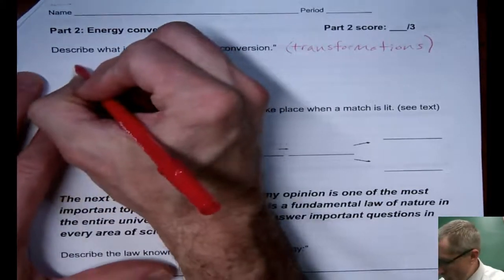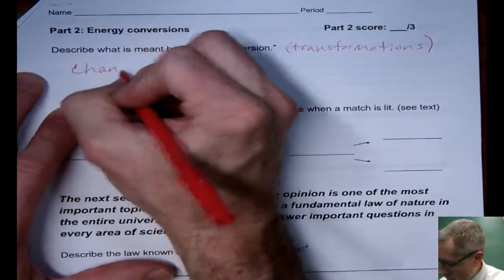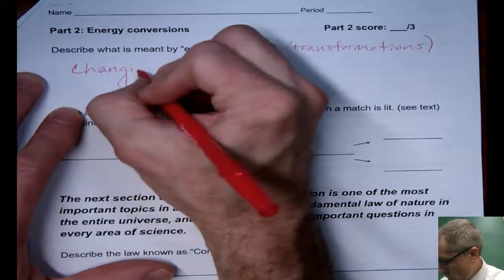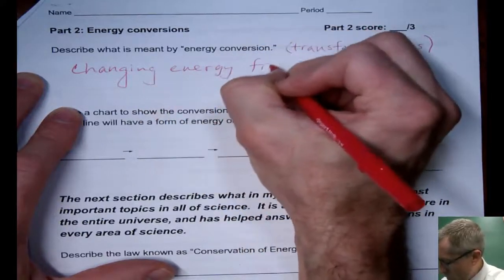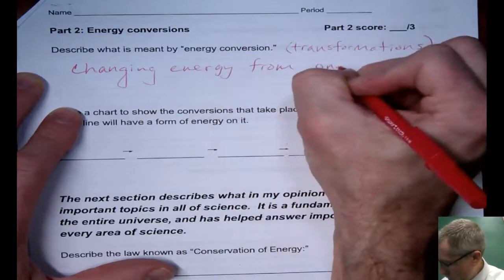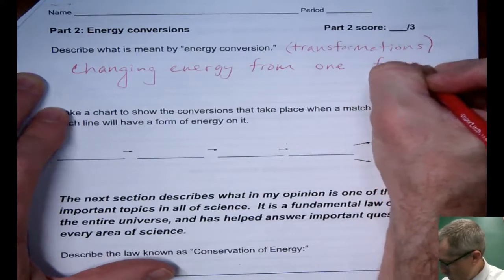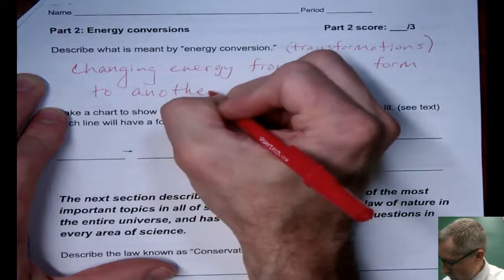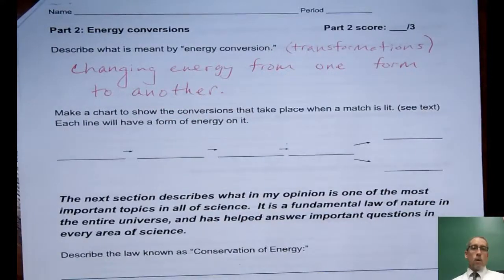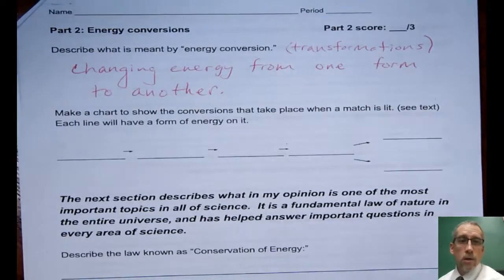So we can just describe it this way. Changing energy from one form to another. So we could almost think of those words as synonyms, like change and conversion and transformation. So when you hear that described, you can replace that with whatever word you like.